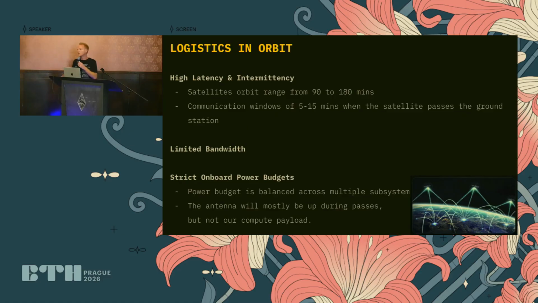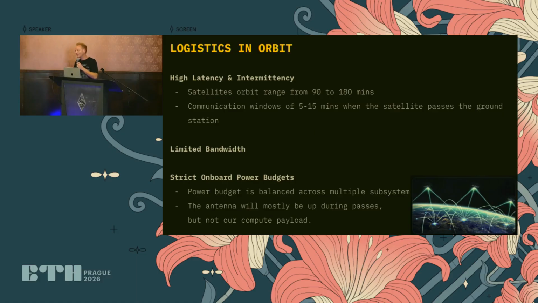It takes somewhere between 90 minutes to 180, and you have communication windows. You can't interact with them all the time. You can only do it once they pass some ground station. And the bandwidth is limited. We will get to numbers afterwards, but it's pretty bad.